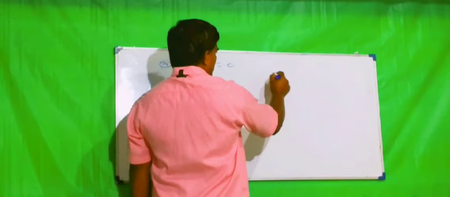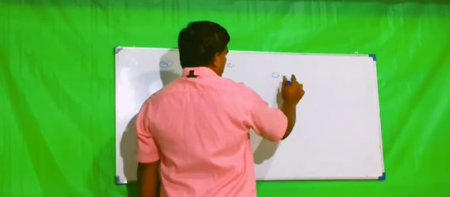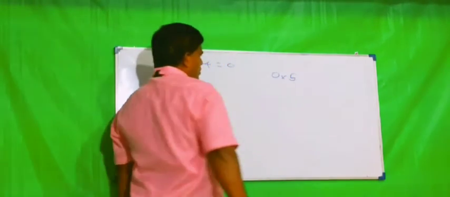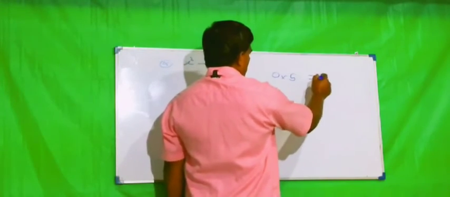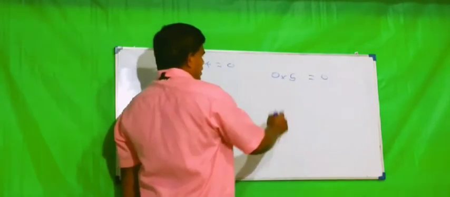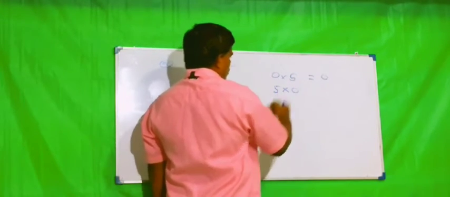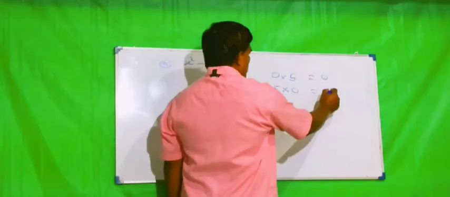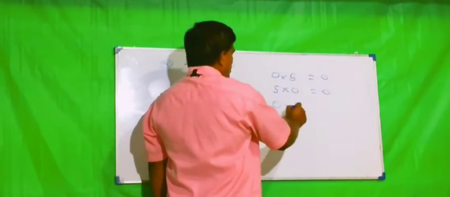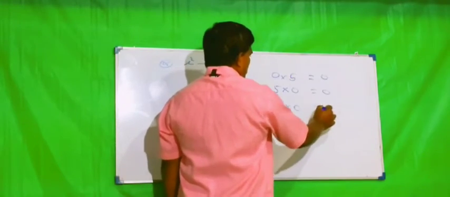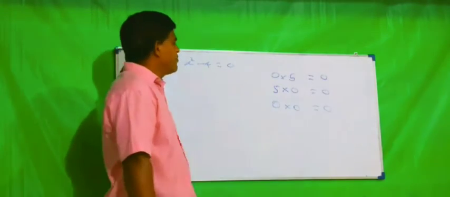If we take this form, 0 multiplied by 5, 0 into 5 equals 0, we know it. And again we take 5 into 0, and we also get 0, and 0 into 0, the answer is 0. So three products are taken here.